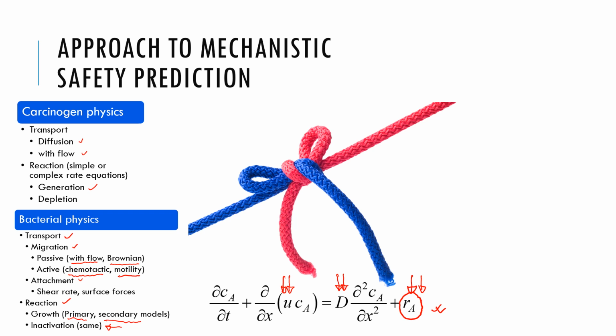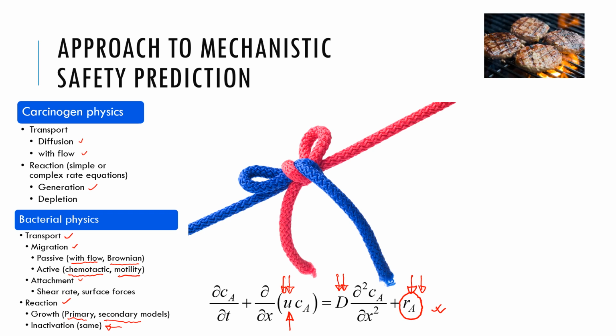Another thing is, let's say bacteria are being passively carried, so we need the velocity. The velocity of bacteria would be the same as the velocity of the fluid that's carrying them, which means I need to know the process physics, meaning what is the velocity of the food material.